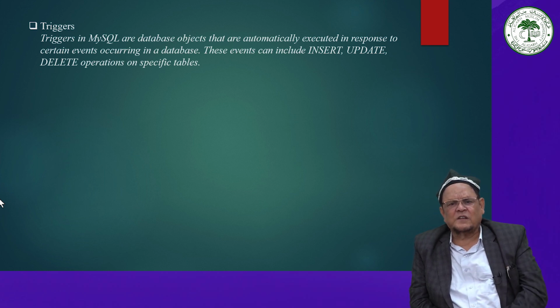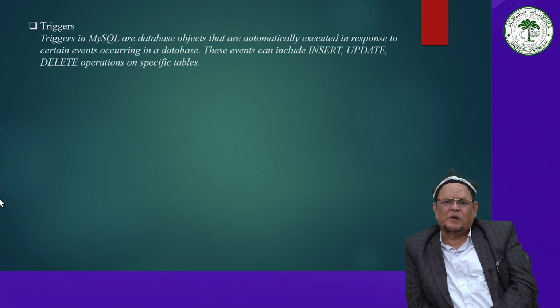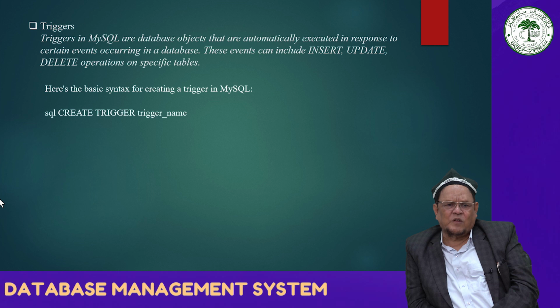These events can include any insert, delete, or update operation on a specific table. So in that particular table, if an employee is added and joins a course, the trigger will act. Here is the basic syntax of creating a trigger in MySQL: CREATE TRIGGER trigger_name.